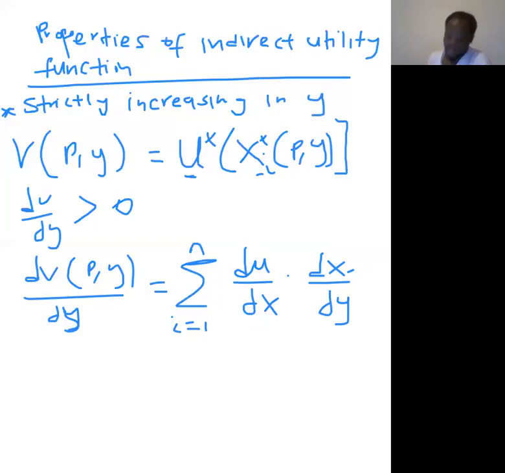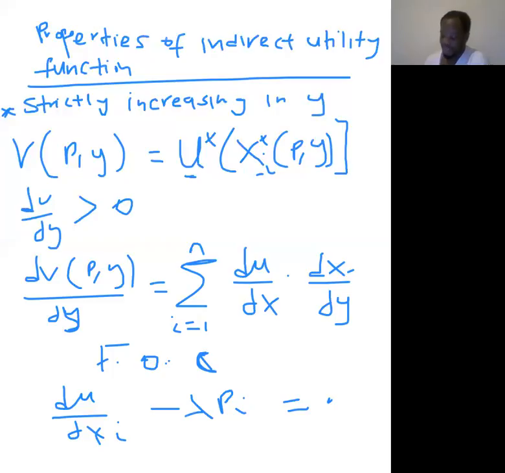That first order condition gave us du/dxi minus lambda pi equals 0, which implies that du/dxi is equal to lambda pi. So in place of this expression, I can write lambda pi.